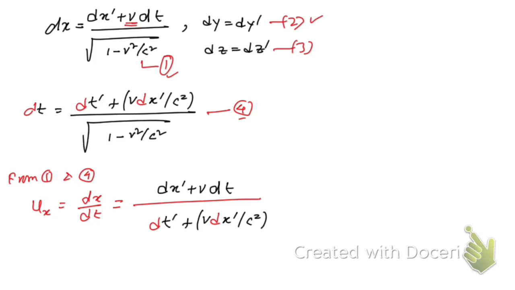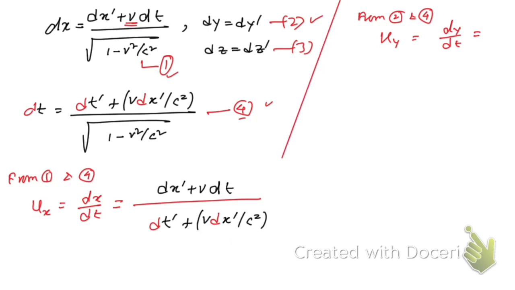From 2 and 4, uy is equal to the time derivative of y. So that's what we're going to have. Let me write this here, because we need to simplify this further.